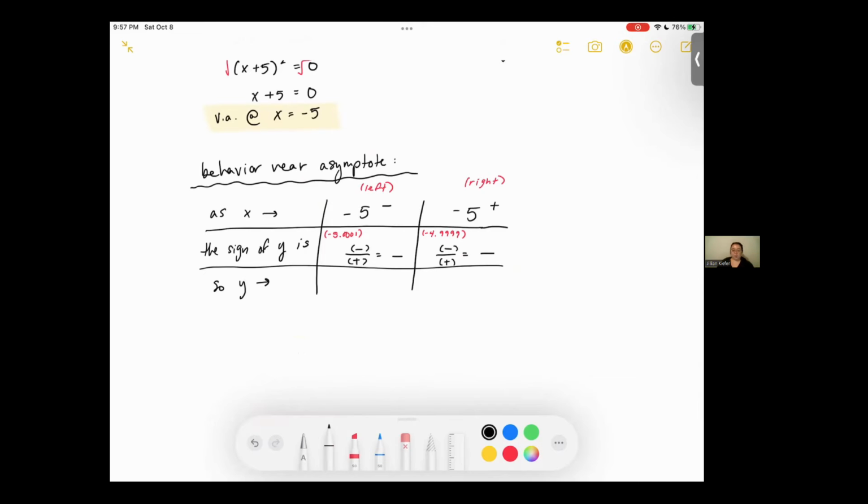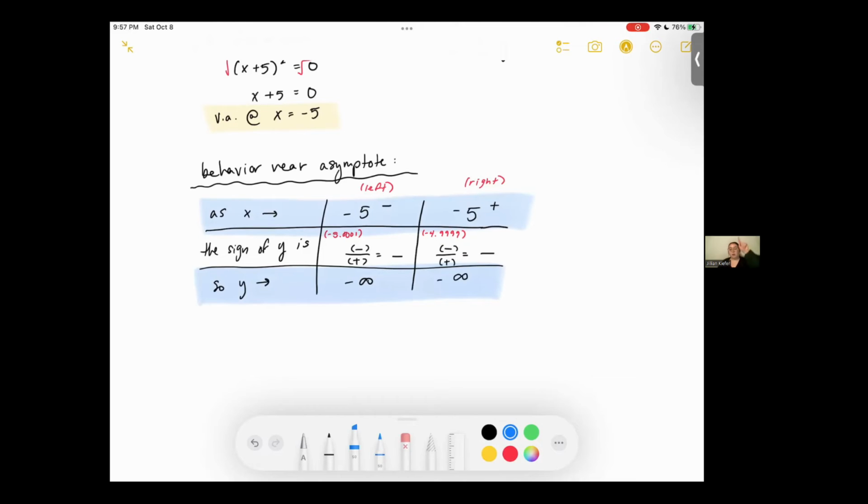So if the numerator is negative in both those cases, then the sign of y is negative, which means that since y has to go to positive or negative infinity as you approach that value of negative 5, they're both going to negative infinity. So that is kind of how we determine this. We say that y is going to go to negative infinity as x approaches negative 5 from both sides.